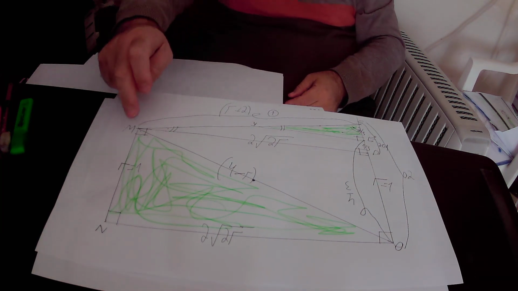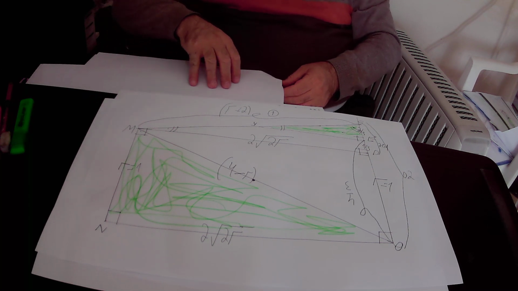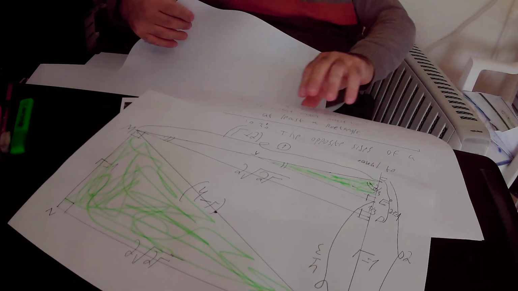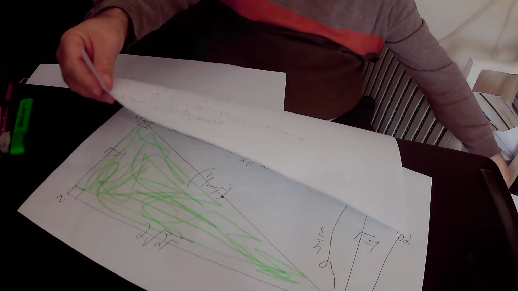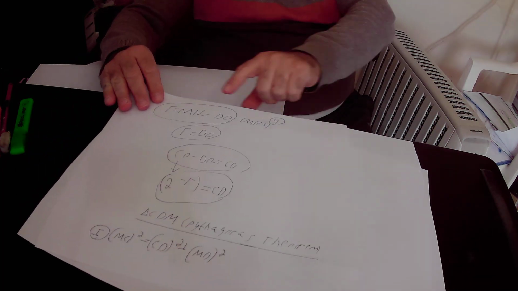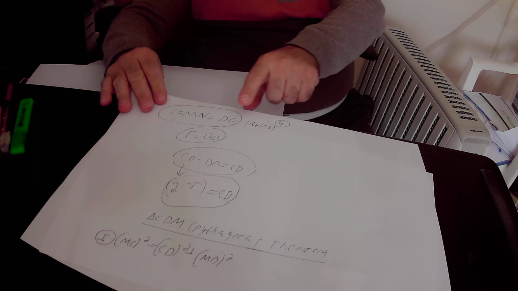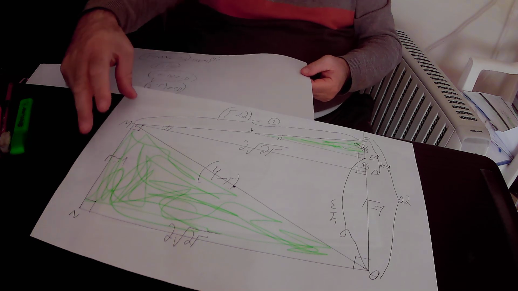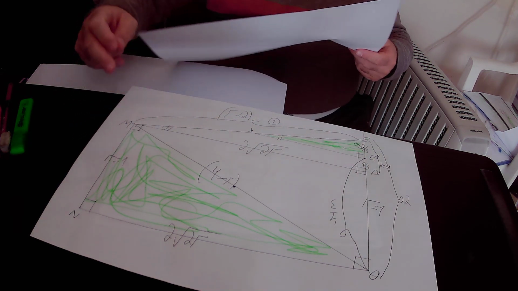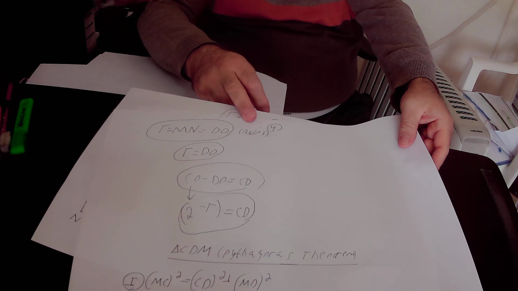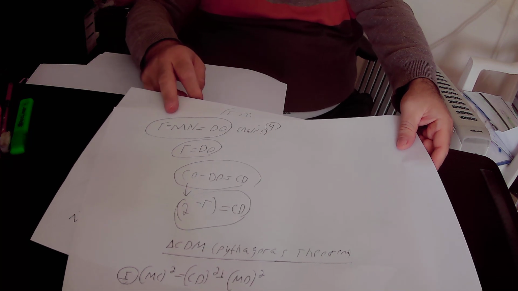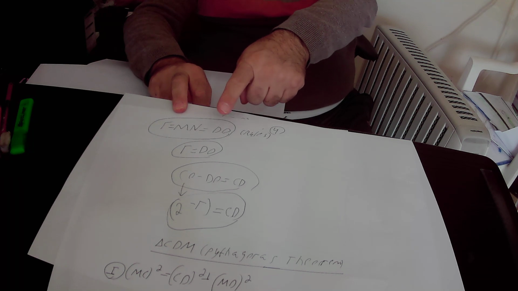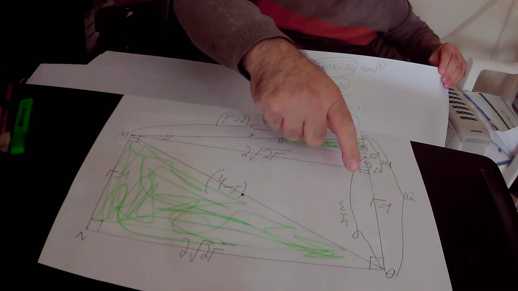And we know that MN is the radius of the small circle, which equals R. So according to rule number 3, that the opposite sides of a rectangle are equal to each other, we get that MN equals DO, but we know that MN equals R. So from this equality we get that R also equals DO. So we can write here that DO equals R.